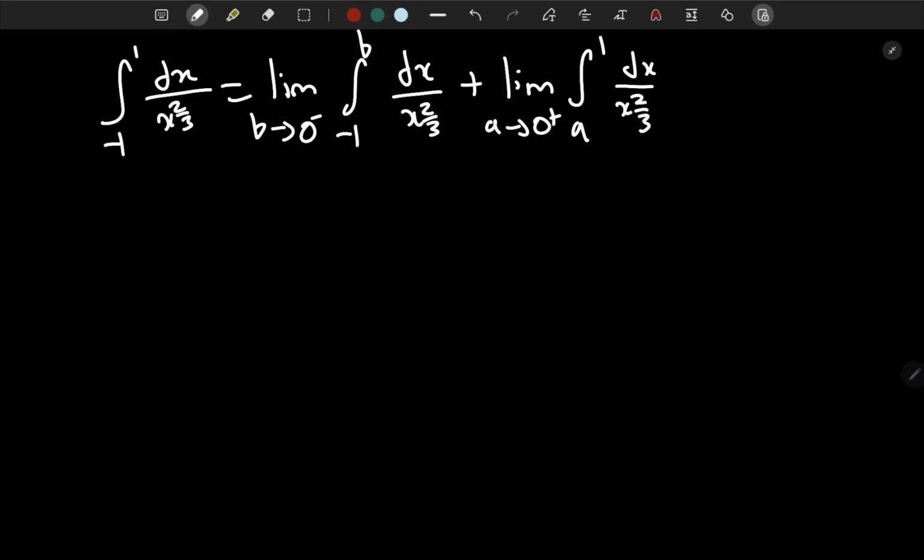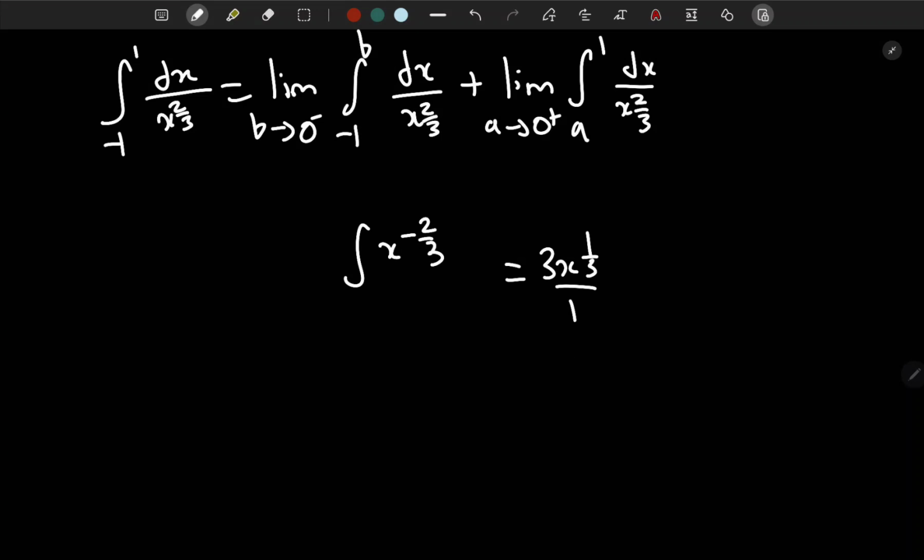And now we integrate this normally. So now let's find the integration of dx over x to the 2 over 3. I'm going to bring it up. It's going to be x to the minus 2 over 3, and let's integrate this now. So it's going to be equal to x to the 1 over 3 over 1 over 3. So I'm going to bring the 3 up, since it's over here.